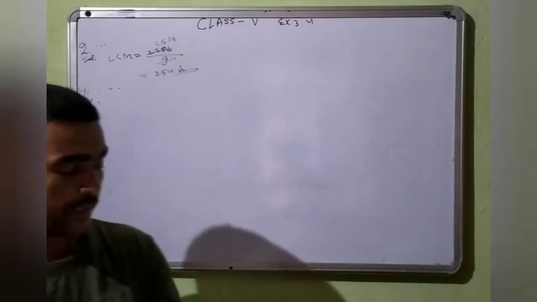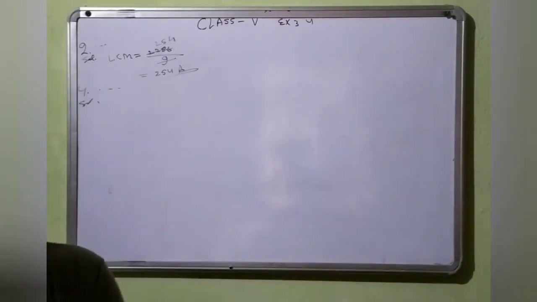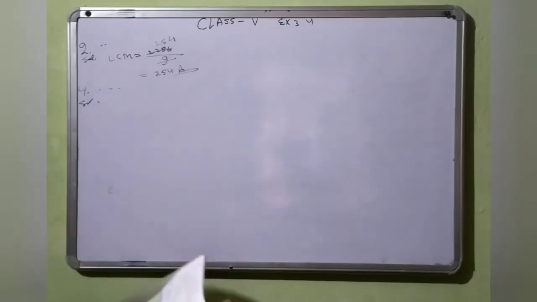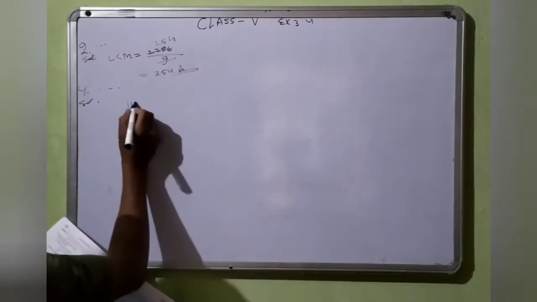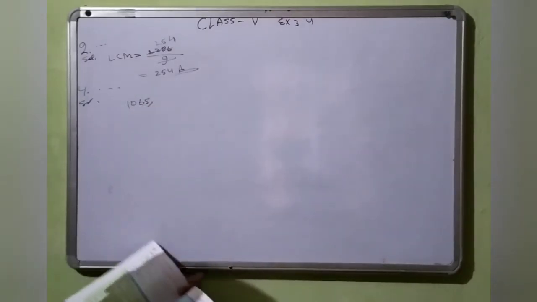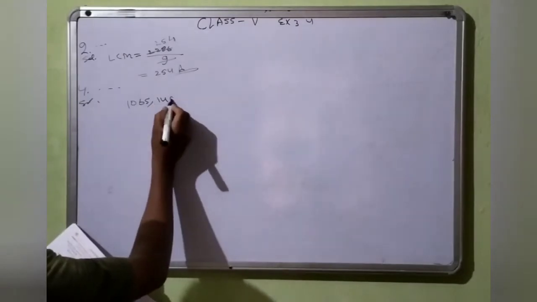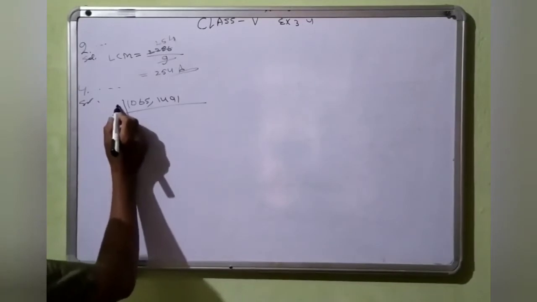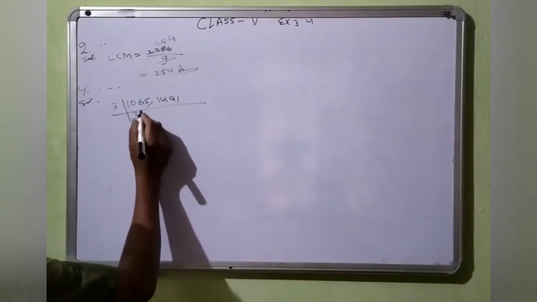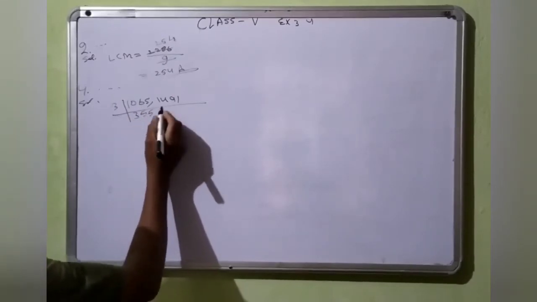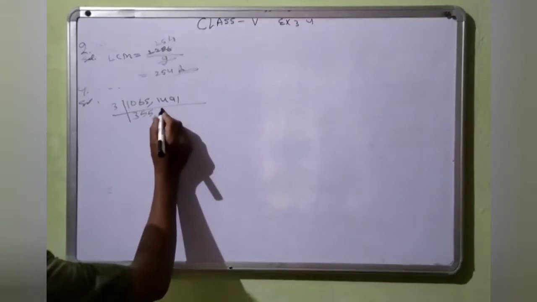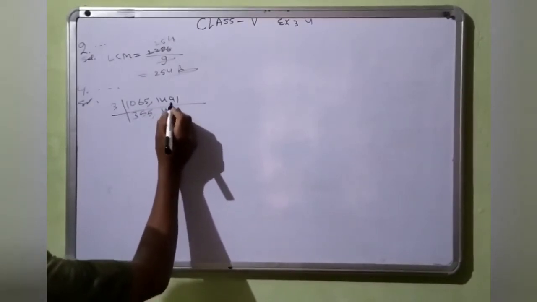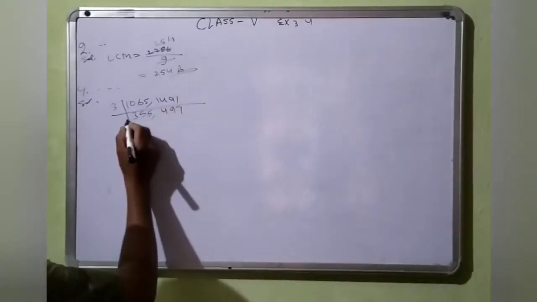Question number 4. Find the greatest number that will exactly divide 1065 and 1491. Greatest number means we will find the HCF. 1065 and then 1491. Imagine a number which can divide both. 3 threes are 9, 3 fives are 15, 3 fours are 12, 3 nines are 27, 3 sevens are 21.